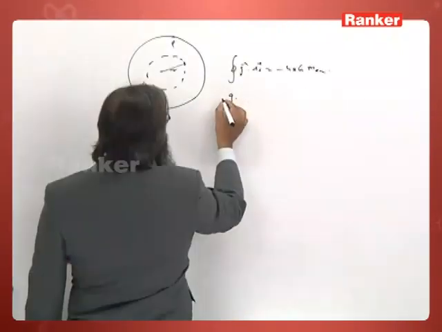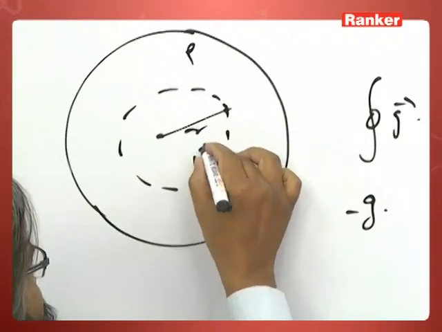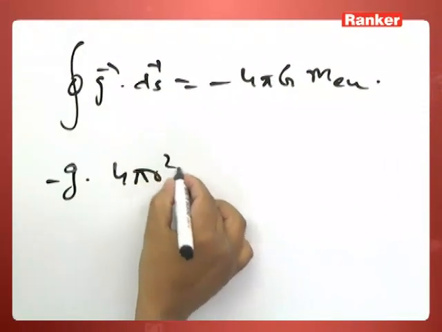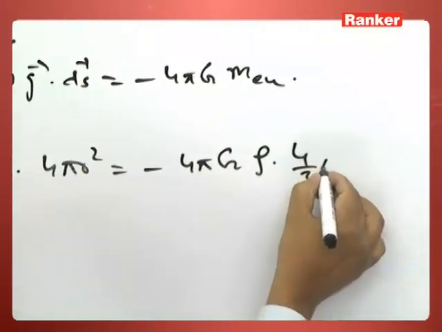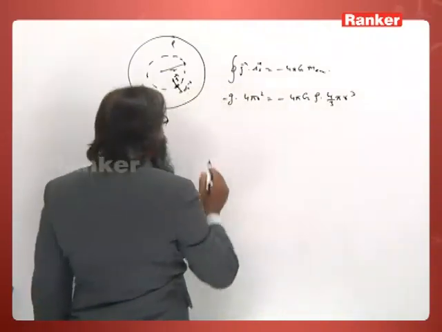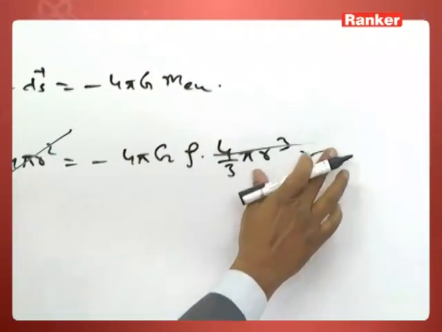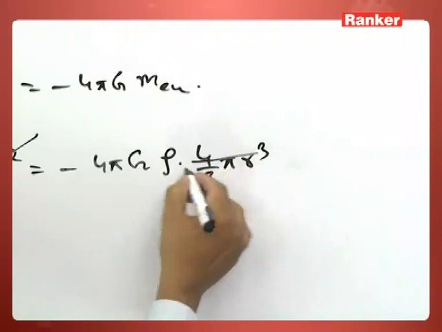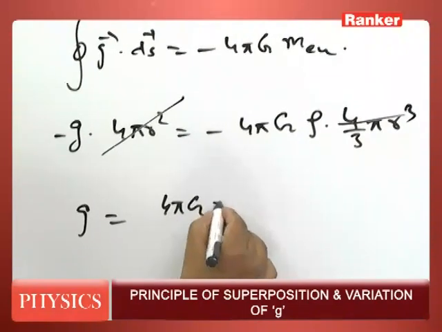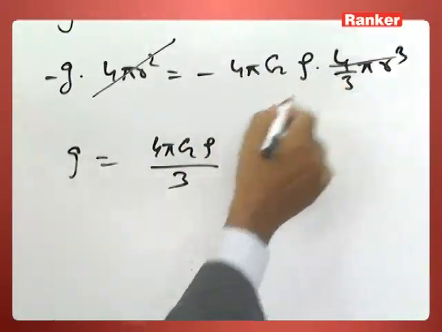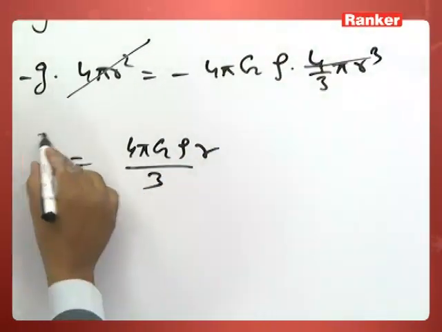G is inward here, the surface area is outward, so minus G times 4πr² equals minus 4πGρ times (4/3)πr³, the mass enclosed. The 4π cancels, so G equals 4πGρr/3.